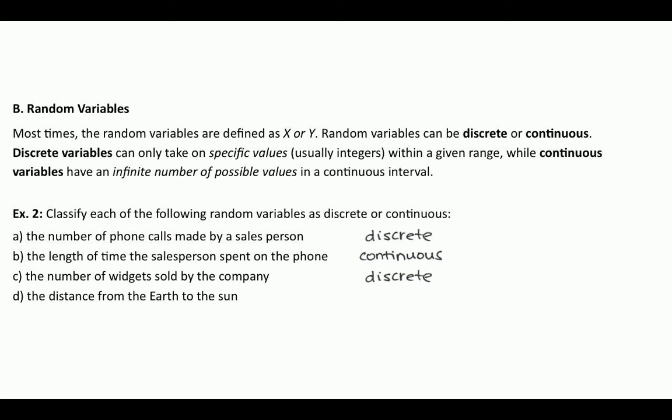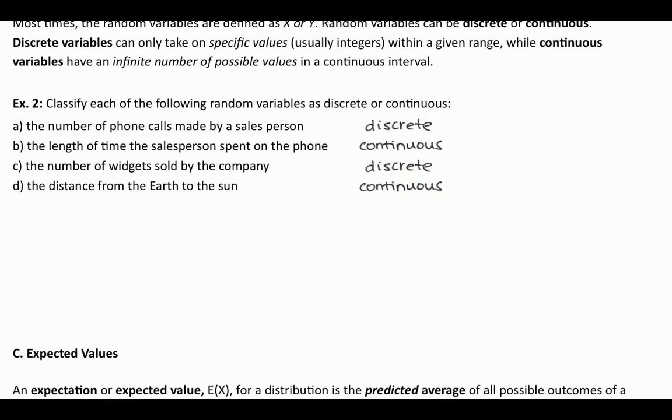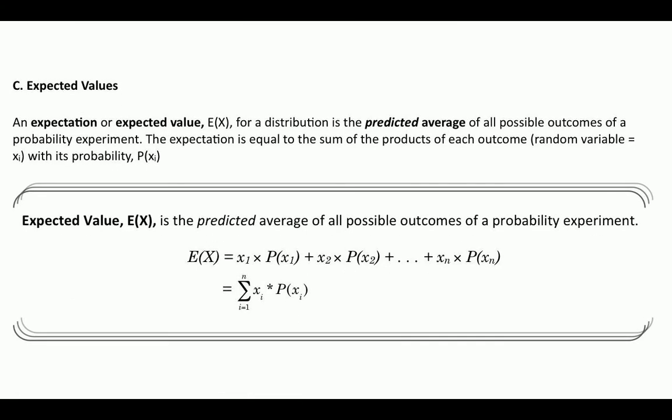And it doesn't jump to discrete measures. It doesn't jump exactly 1 more centimeter every time it goes around. Because we can measure that with more and more sensitive tools, we're going to say that's a continuous variable.